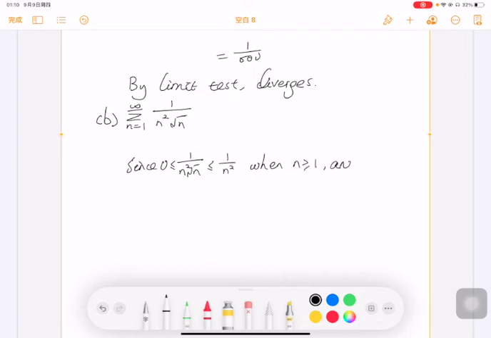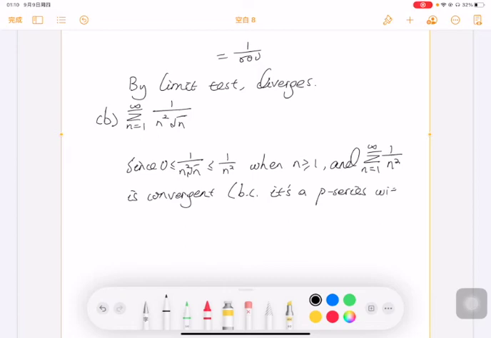And we know that the series of 1 over n squared is convergent because it's a p-series with p equals 2.